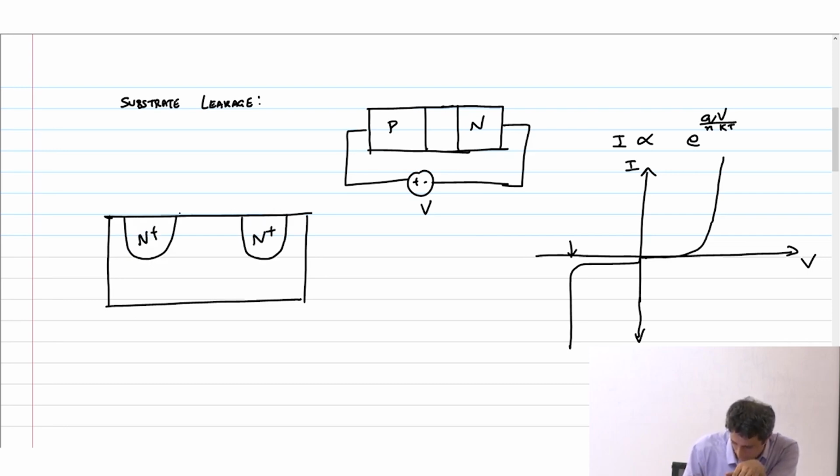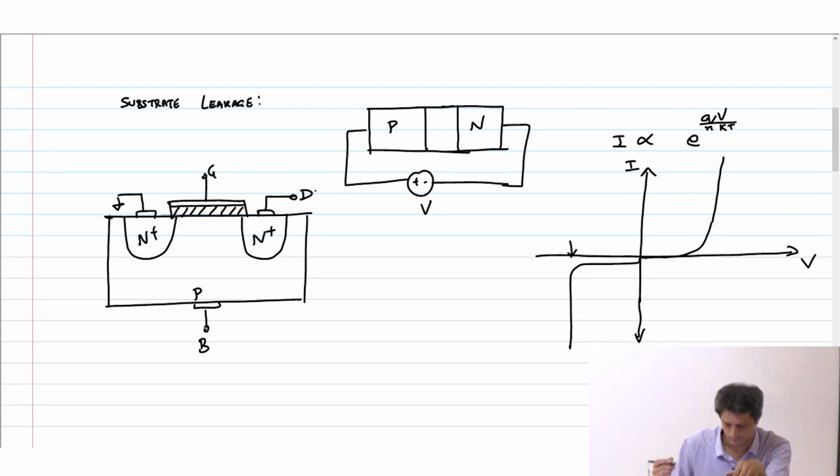N plus, oxide. This is a P substrate. Now we said I can have a body contact here, a gate contact here, source could be grounded, drain could be some VD, so I'll call it D. Now what happens to the threshold voltage of the transistor if VSB comes down?